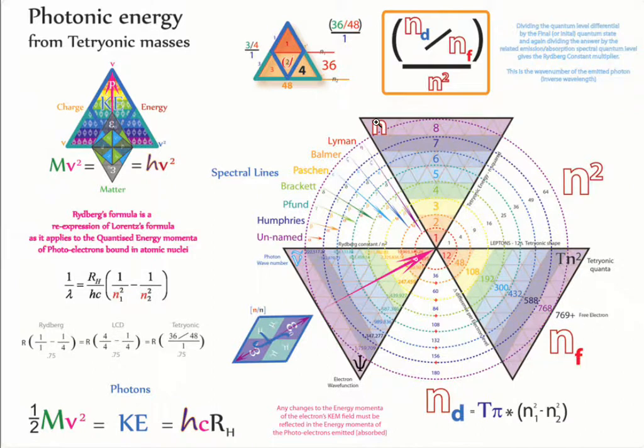Tetryonics shows this as a transition between an initial energy level to a final energy level, Ni, Nf. We can calculate the differential between these quanta that are required for the electron mass matter and determine a differential.